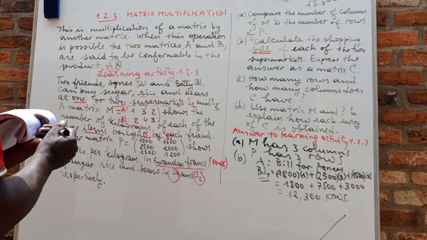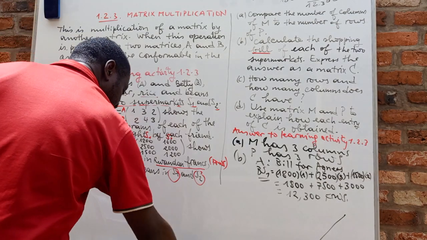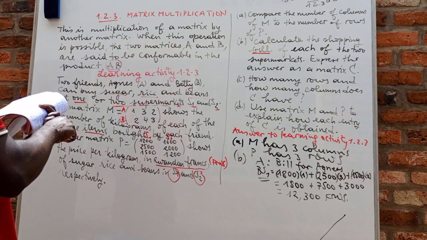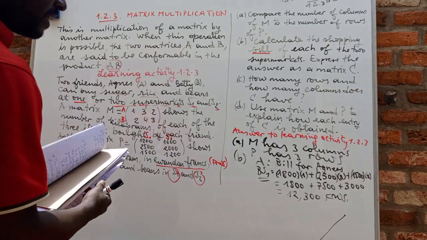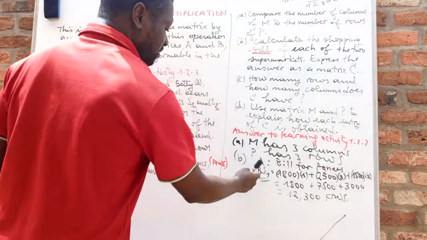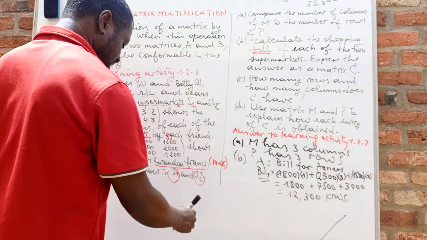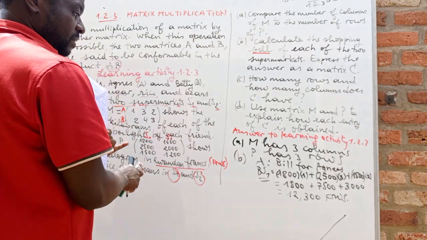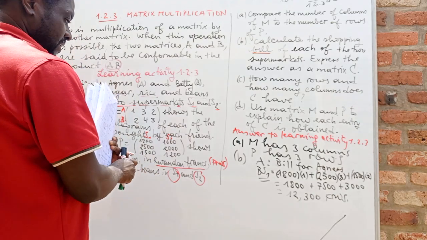Okay, now here let me take another marker pen. So now this is the bill of Agnes at the first supermarket.